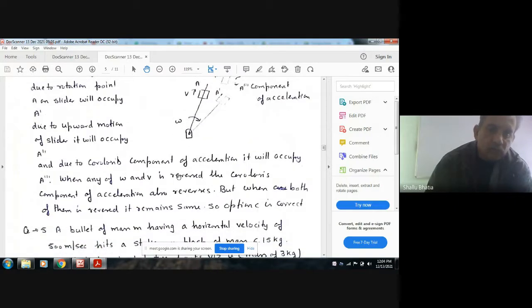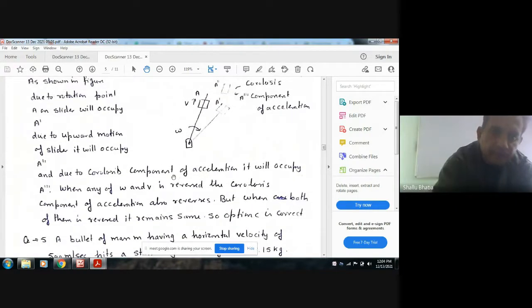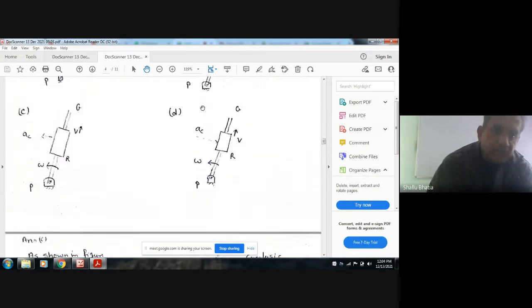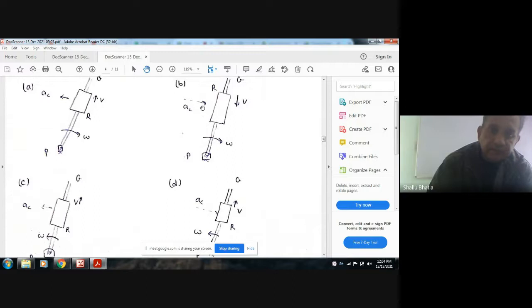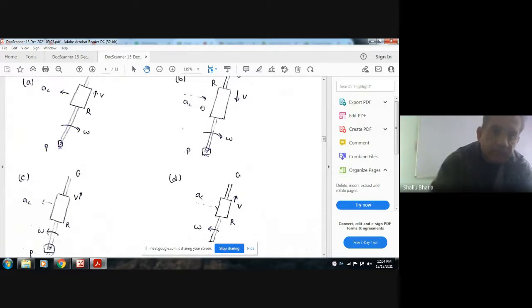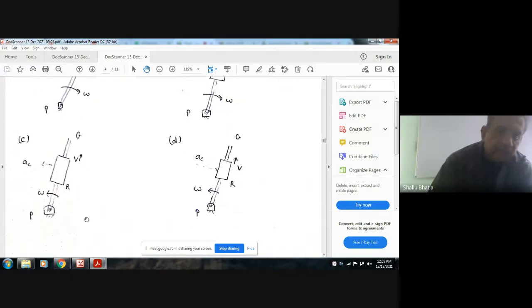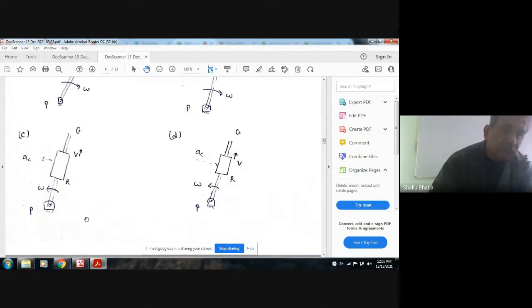So the Coriolis component of acceleration, when the angular velocity is clockwise and the movement of the slider is upward, is in the right direction. So when it is clockwise, it should be like this. When one of the directions gets opposite, then the Coriolis component will also get opposite.